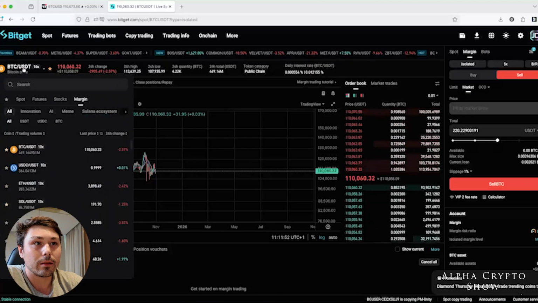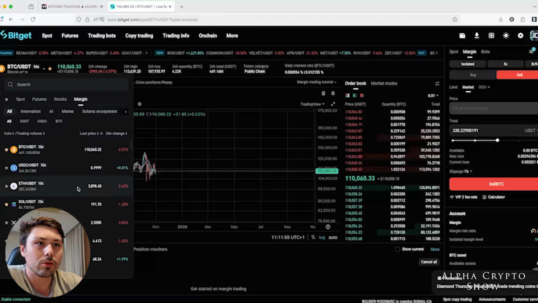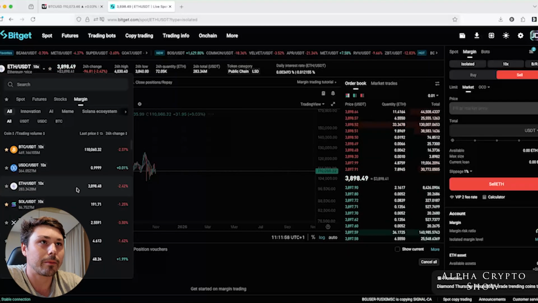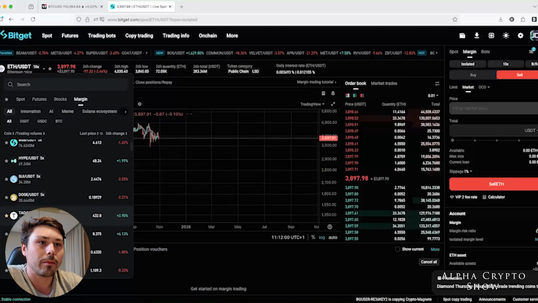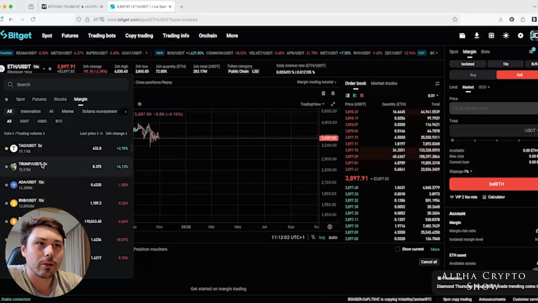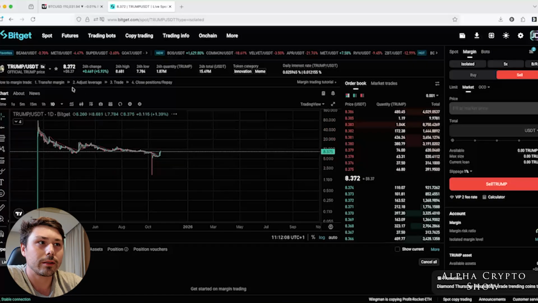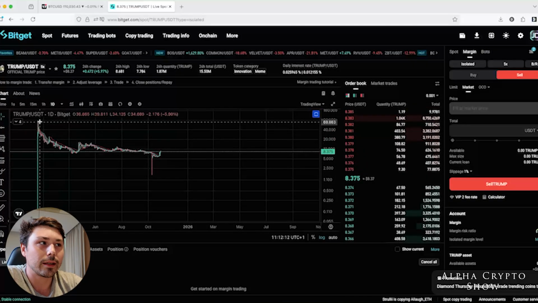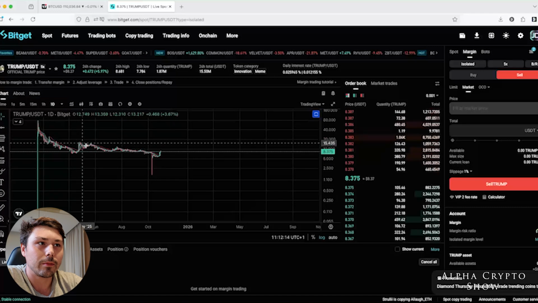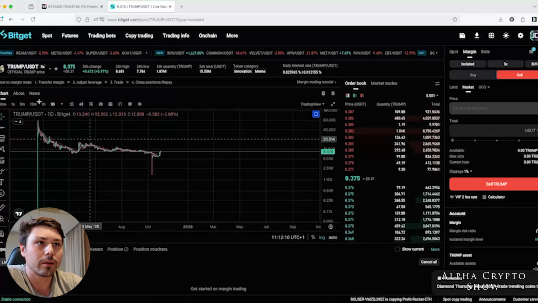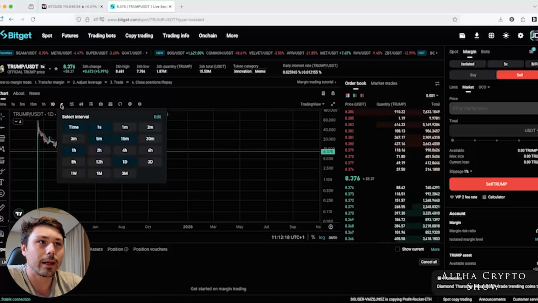But you can go to other stuff. Maybe you want to short the Ethereum, for example, or maybe you have seen another project. Here we can see the Trump coin also. Probably you can short this one, because many people short this. As you can see, after they started this meme coin, everybody just shorts, because the price is only going down.